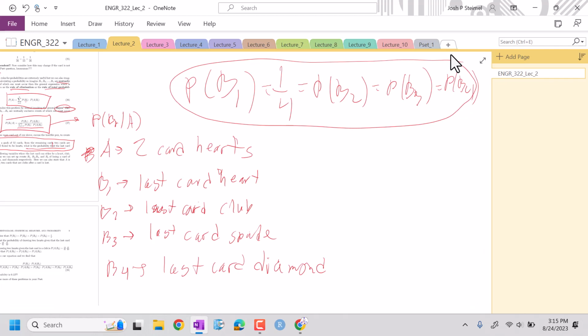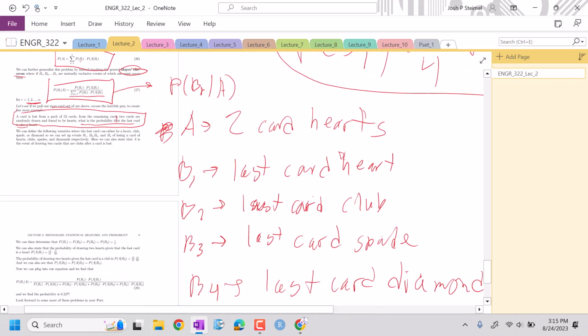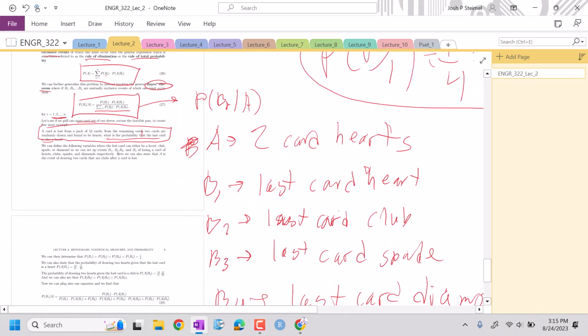But now we have to consider the following, and this is where it can get a little more difficult. What is the probability of, for example, B1, given that A has occurred? We're going to write it the opposite way due to our Bayes equation.